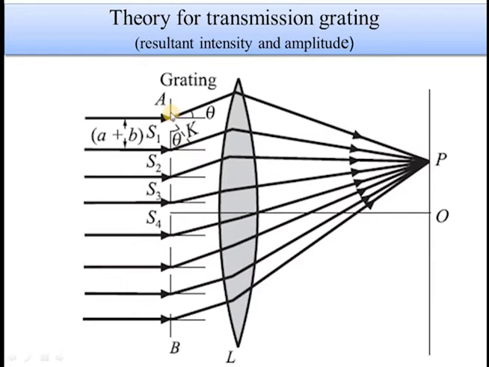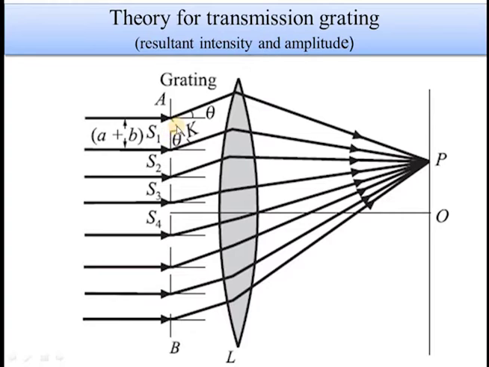Suppose we draw a perpendicular from S1 to meet the line S2K at the point K. You will get a triangle here. I'll name the vertices S1, K and S2. This is a perpendicular, which means S1S2 will be the hypotenuse.